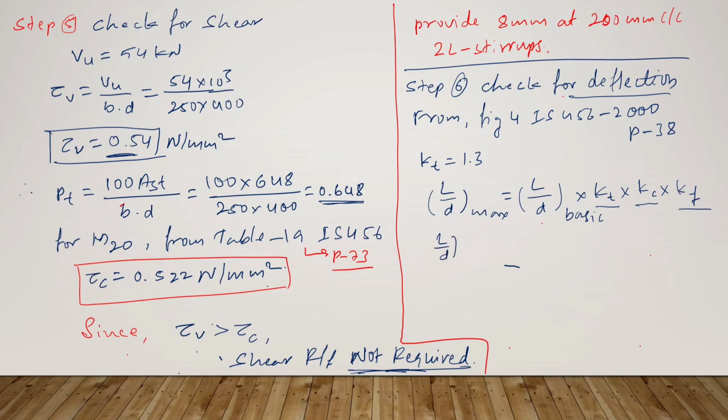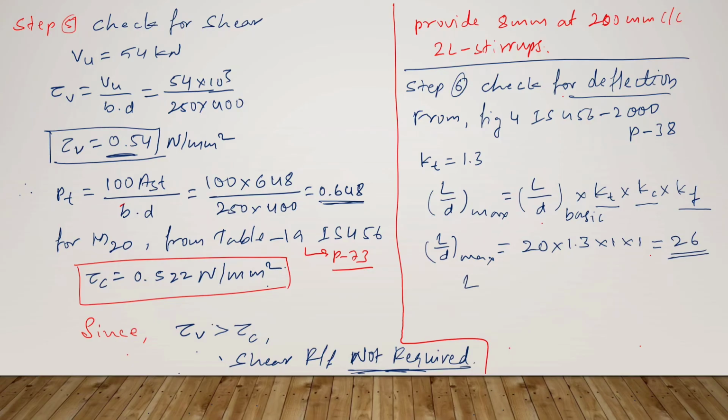L by D max equal to L by D basic value for a simply supported beam is 20 into KT value from figure 4 is 1.3 into KC is 1 and KF is 1 for all type of beams. We will get 26. L by D maximum is 26.